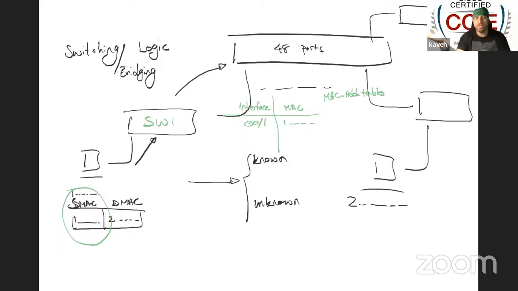And you know what the switch does? It's going to forward the frame out of all interfaces in the same broadcast domain. Do you get me? So in this case, we call that unknown unicast. The unknown unicast is the flooding of the frame out of all interfaces, except the one that just received the frame.